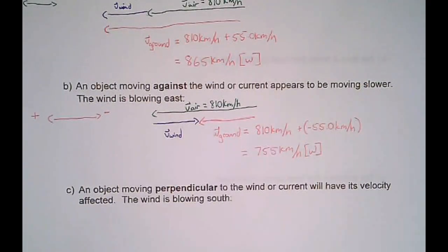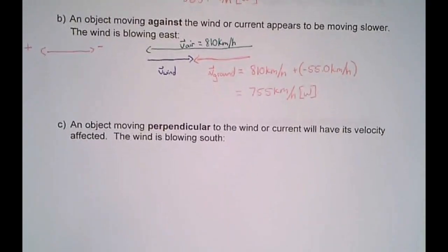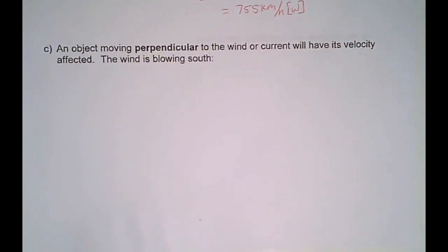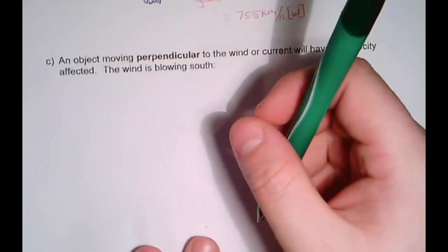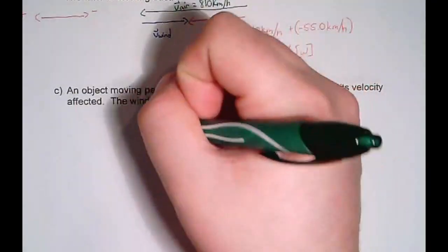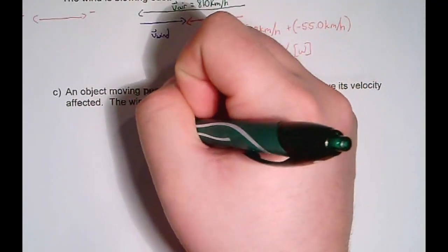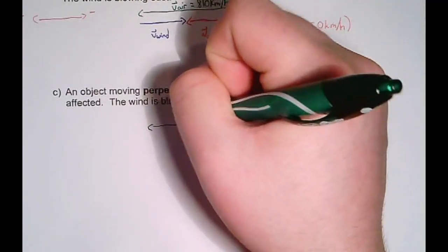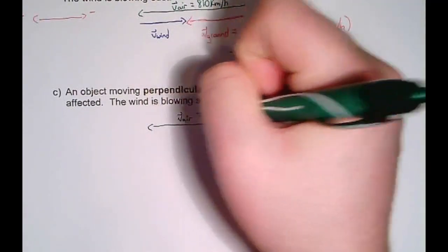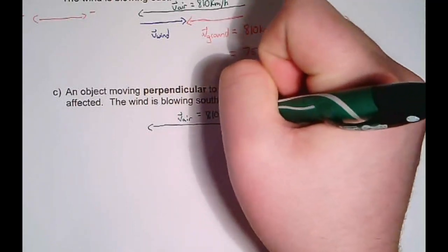All right? So there is one last example we can do now with what we have been learning this unit. Now the wind is moving perpendicular. So the air velocity, or the velocity of the plane, is still headed west with a velocity of 810 kilometers per hour.